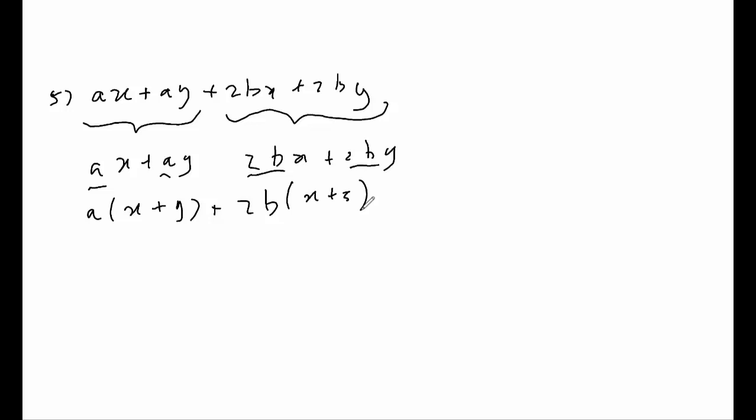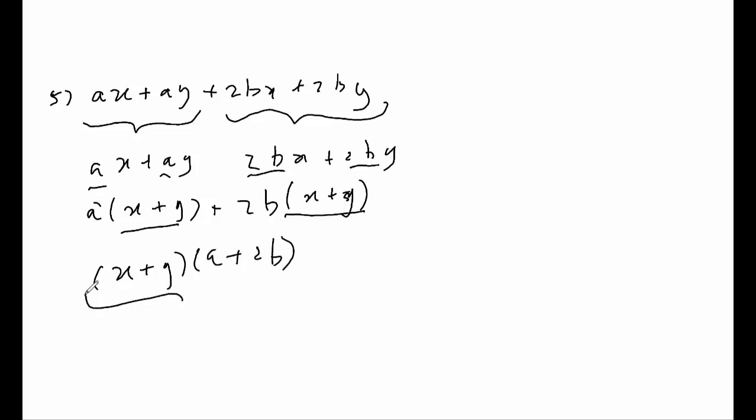And like in example 4, we have the x plus y in common, so we can now factor that out, x plus y, and then put it in the next bracket what we have left over, a plus 2b, and now we have factored this into this particular expression.